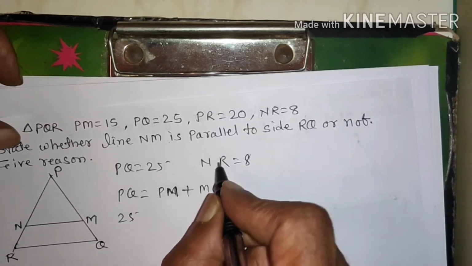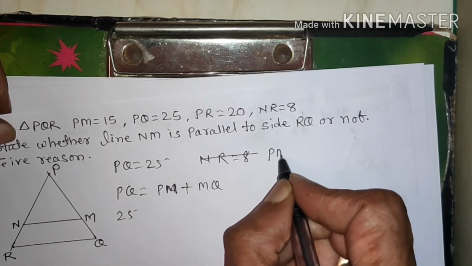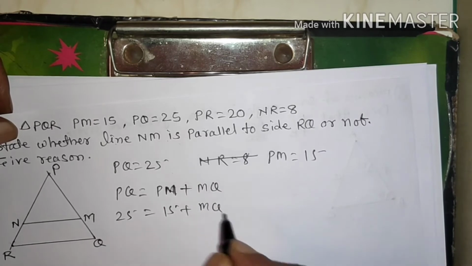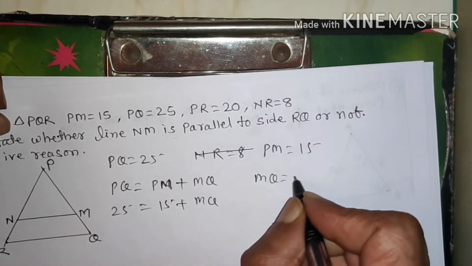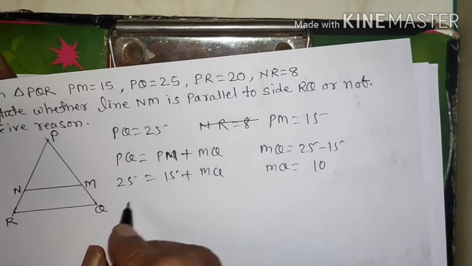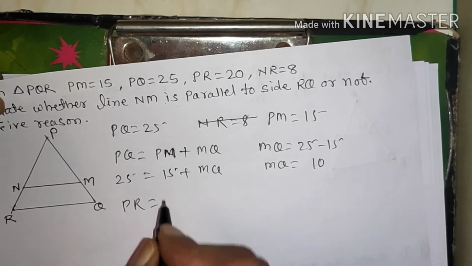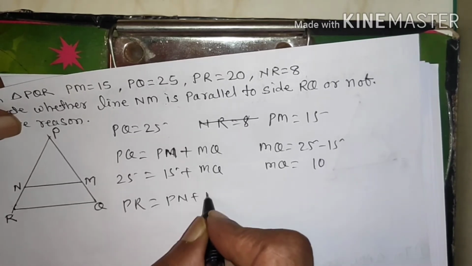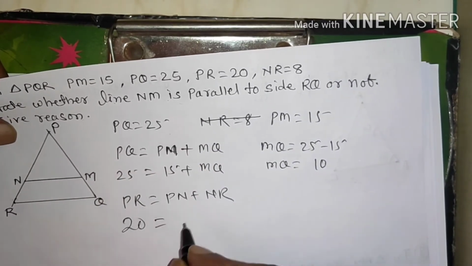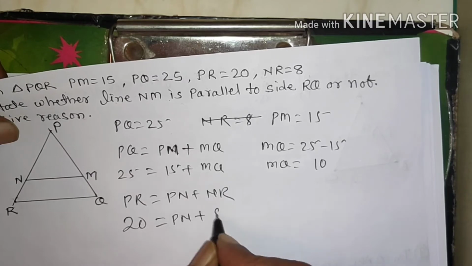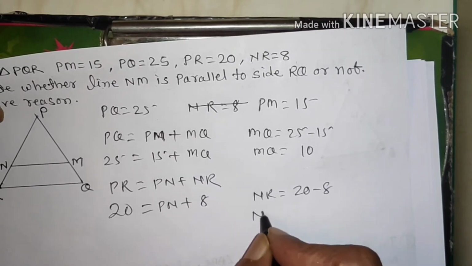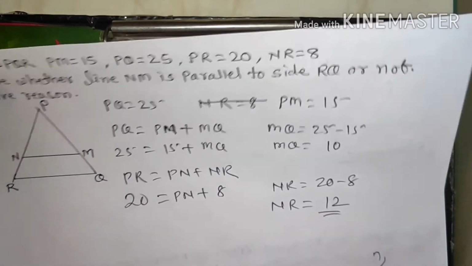PQ is 25, PM is 15, so 15 plus MQ is 25, that is MQ is equal to 25 minus 15, that is 10. Now PR is equal to PN plus NR. PR is 20, NR is 8, so PN plus 8 is 20, that is PN is equal to 20 minus 8, that is PN is equal to 12.